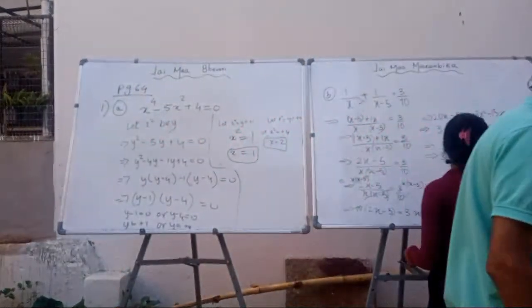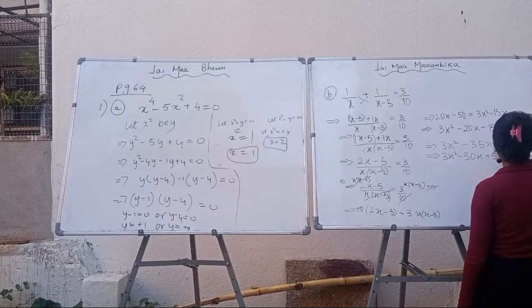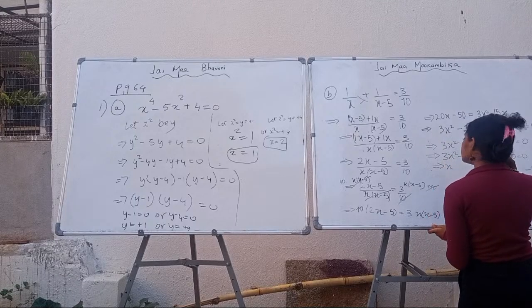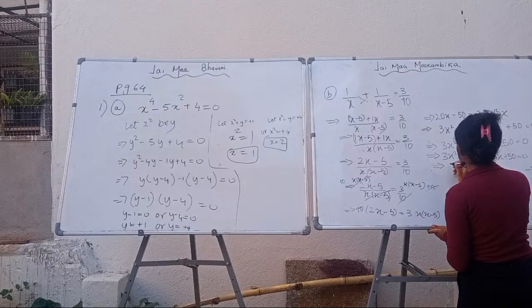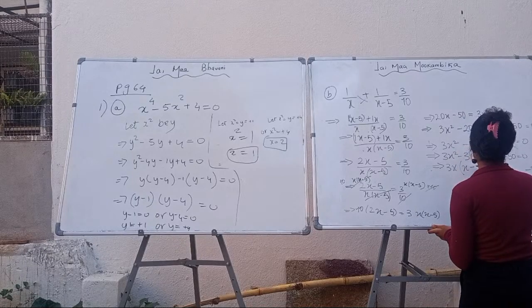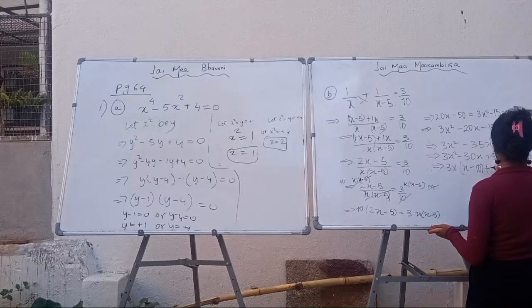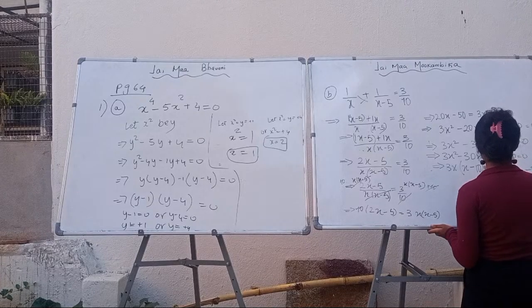Guys, on the feed, I hope you are able to get what we are doing here. It is not plus 5x, it is minus 5x. Then only you'll get minus 35.